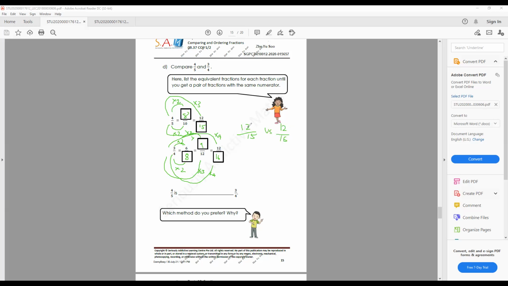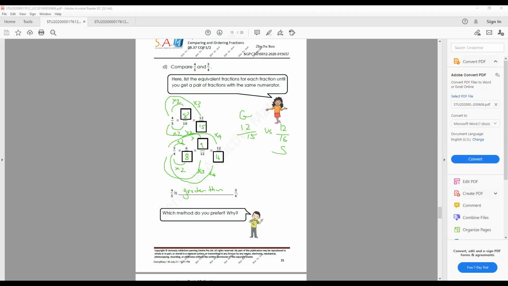Remember, it's the same numerator, so we look at the denominator. The smaller it is, the greater it is. So this is greater. This is smaller. All right. So therefore, 4/5 is greater than 3/4.